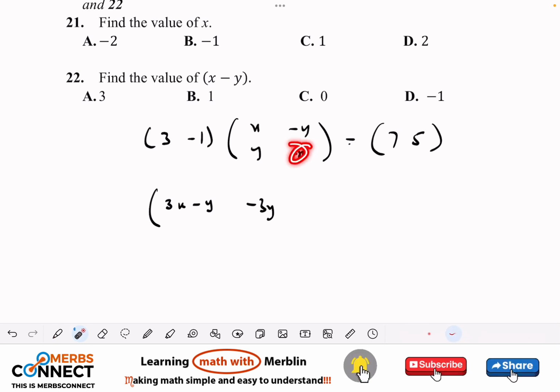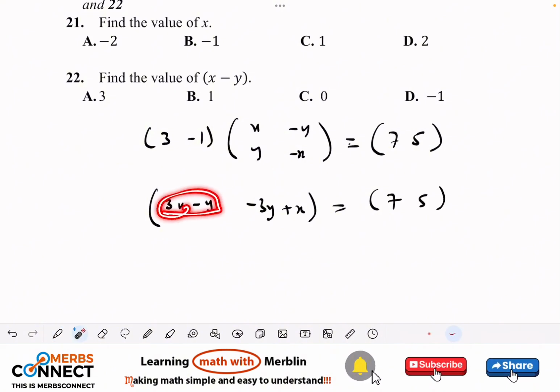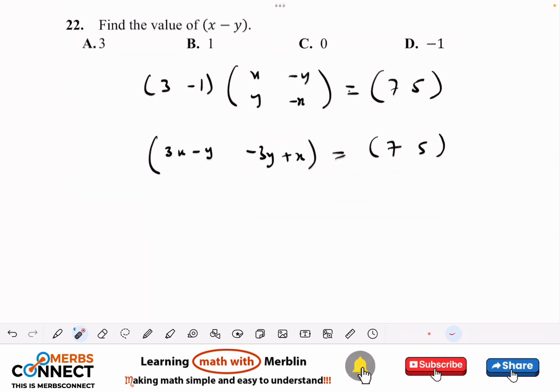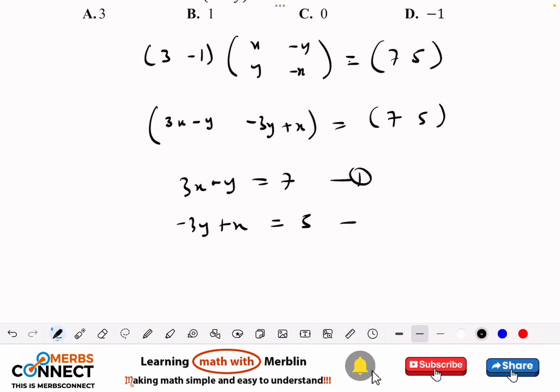Then x times this will be plus x, which is equal to 7 and 5. So matrix, right? This is the same as this and this is the same as that. So I'm going to have 3x minus y to be equal to 7, equation 1, minus 3y plus x is equal to 5, equation 2.